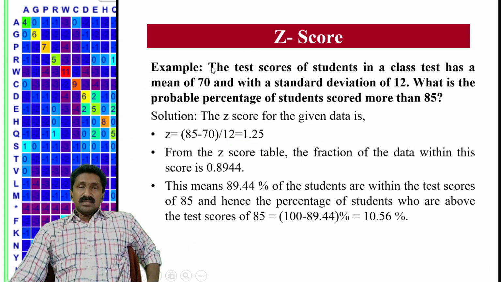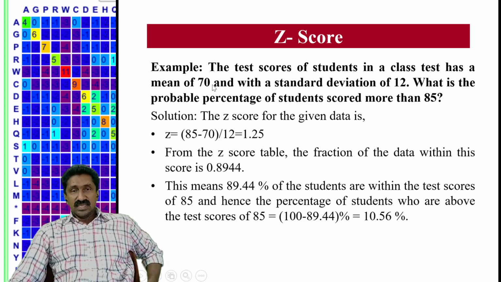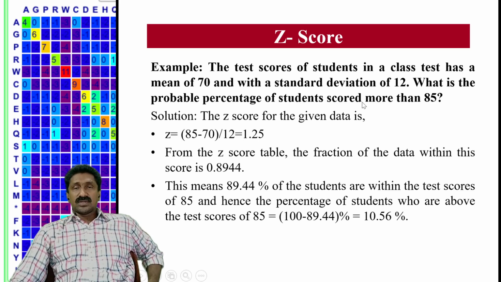For example, the test scores of students in a class test have a mean of 70, with a standard deviation of 12.